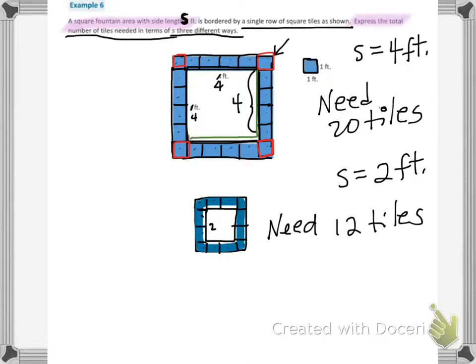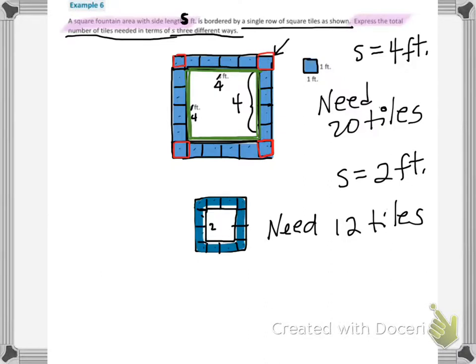These were the sides right here. Now I could see that those corner pieces were kind of on their own.